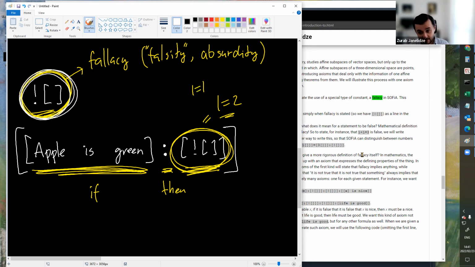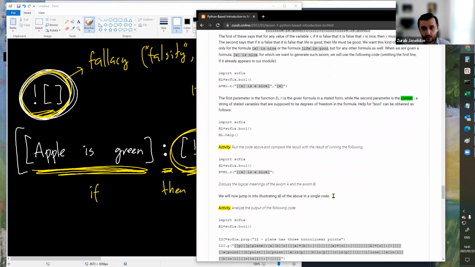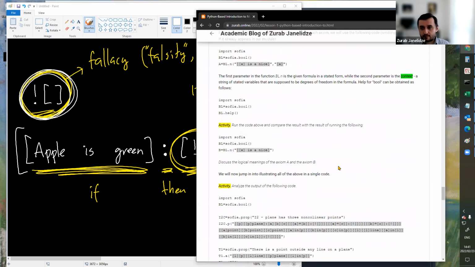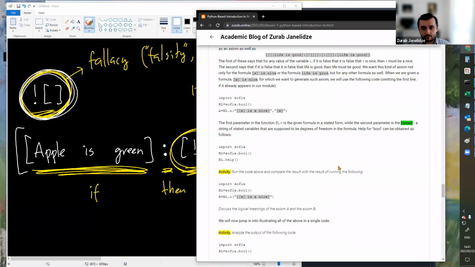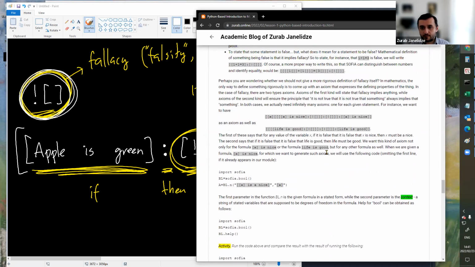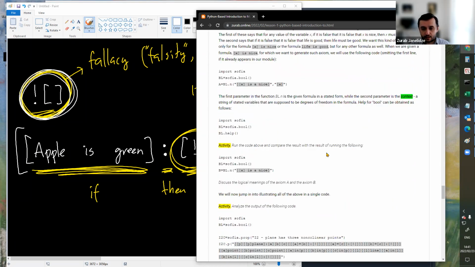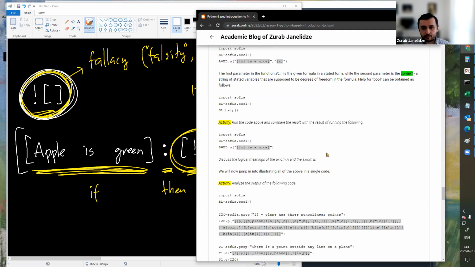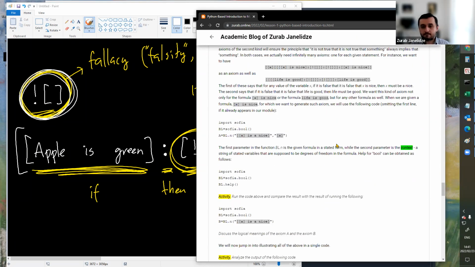And that feature is an axiom. The axiom says the following, but before going into what it says, let's answer a question.